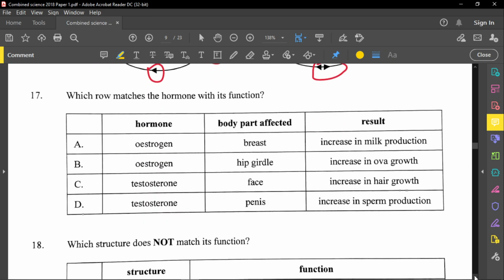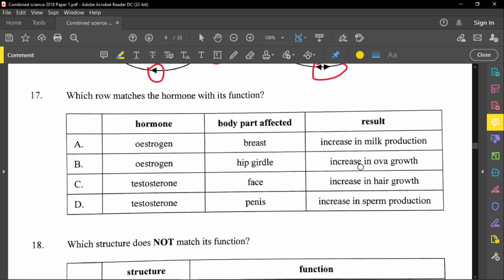Number 17 states which row matches the hormone with its function. And so estrogen, let's start with estrogen here. Estrogen, the body part affected is the breast, which can be true, but the increase in milk production is not true. Estrogen will stimulate the development of the breast, but not to produce milk. Estrogen, hip girdle, and increase in overgrowth.